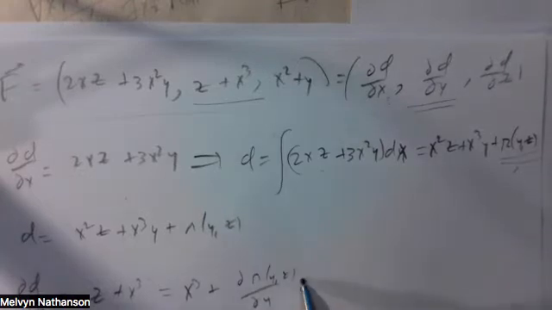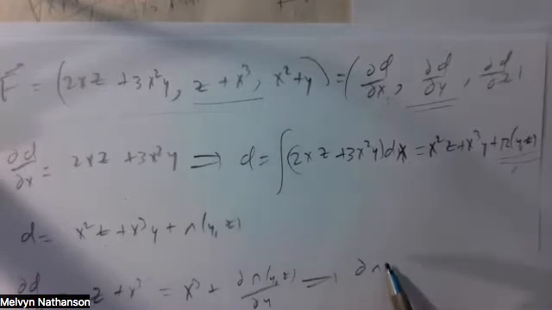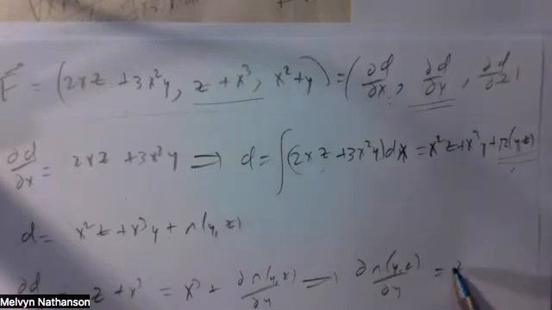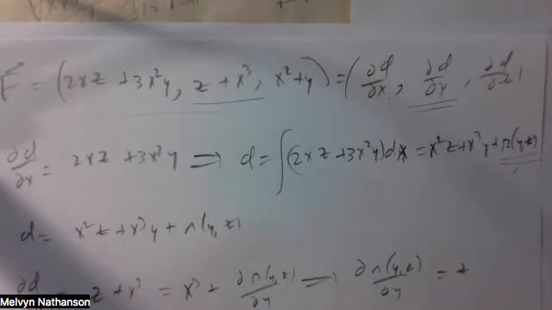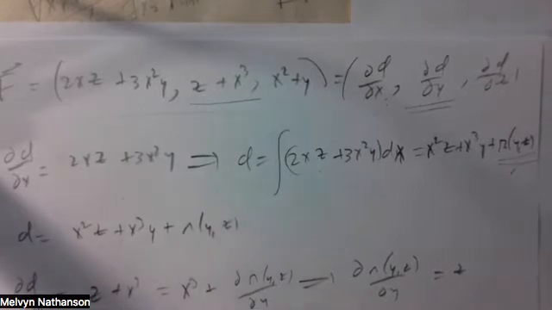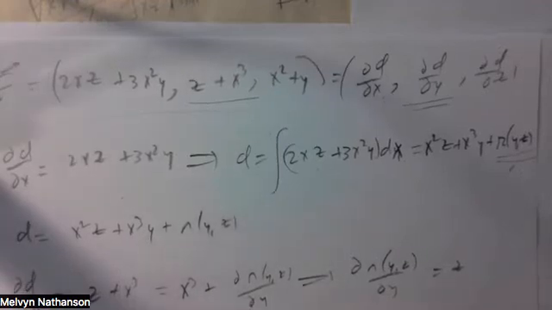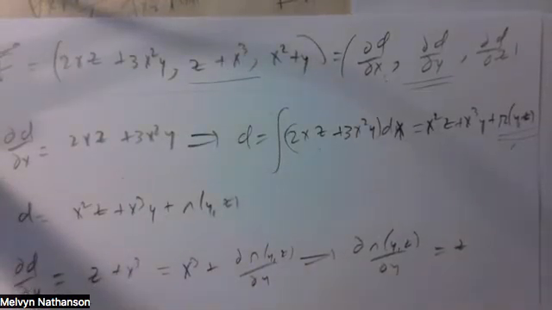So that says that the partial derivative of r of y and z with respect to y is equal to z. So r of y and z is going to be the integral of z dy, which is yz plus a function which doesn't depend on y, so call it some function s of z.